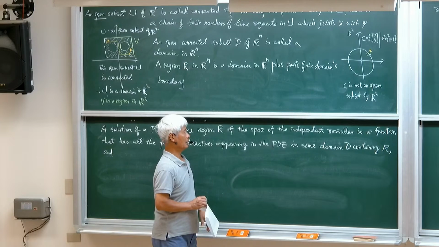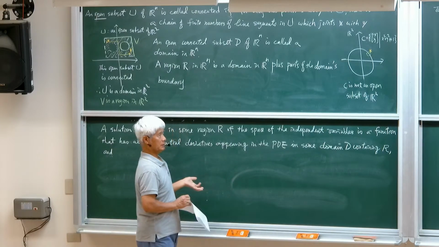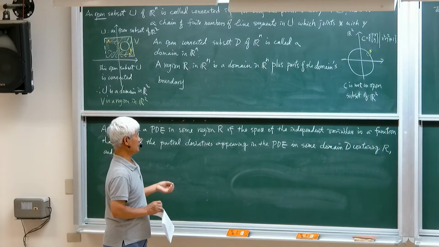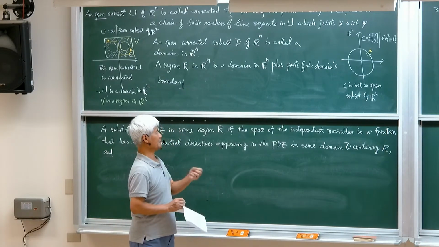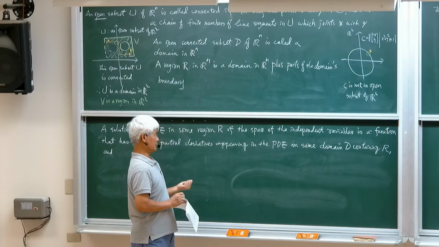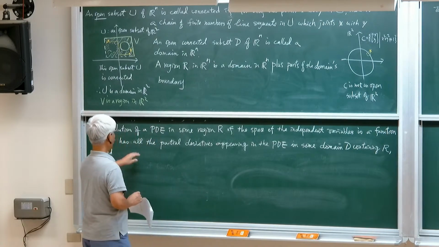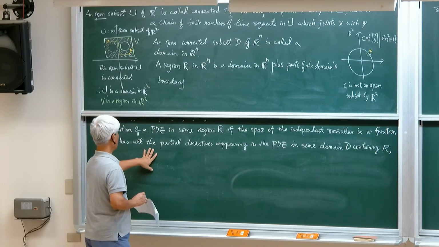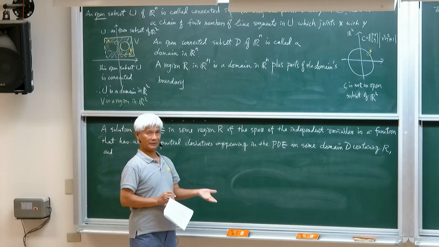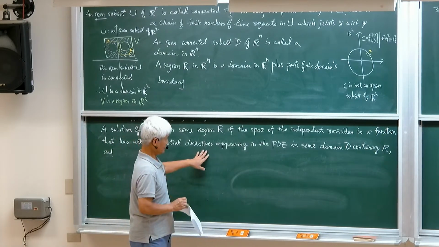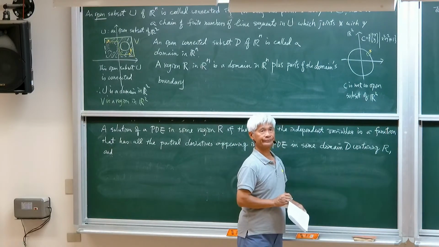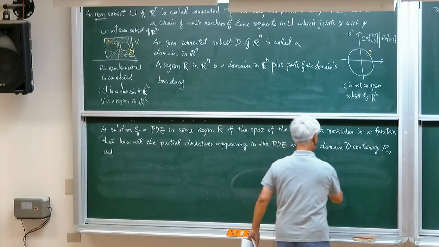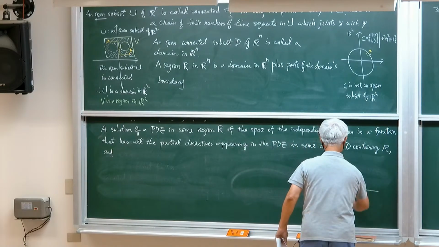For example, in second order linear PDEs, there are second order partial derivatives and first order partial derivatives, and we ask that the solution has all these in some domain D containing R. Usually we ask for that.